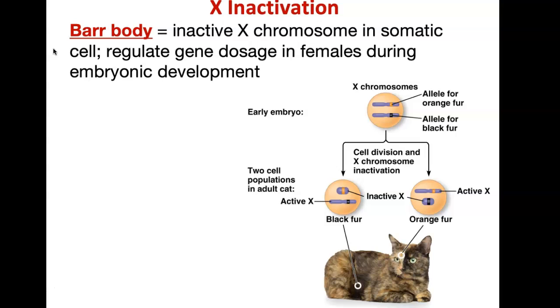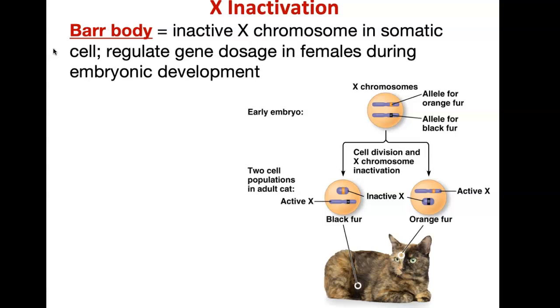The cell that has the Barr body with the orange fur gene, it's turned off. So when that chromosome is shut down for producing orange fur, it is going to produce black fur because that's what the other active X chromosome says. And something that I didn't mention is that the gene for fur color is located on these X chromosomes.